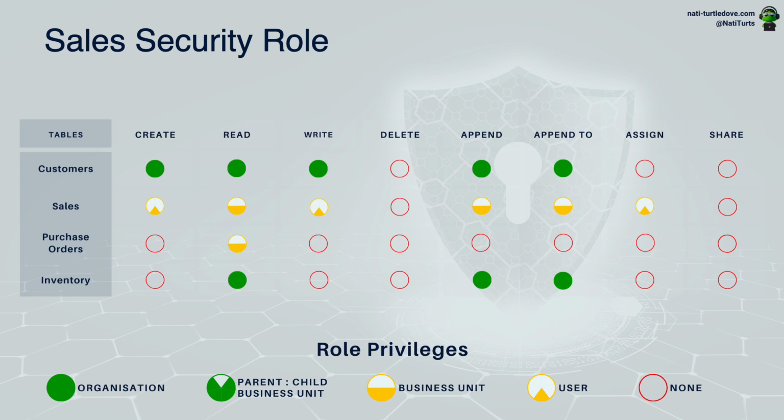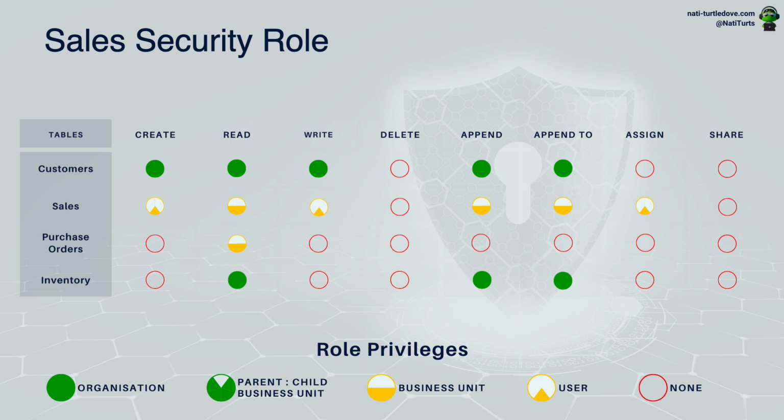Meaning that Steve still owns the record when he creates a sale, and only Steve can edit it. But people that fall within the shop A business unit can then also view that record as well. And if they wanted to create notes on that record because they've got append and append to, they could potentially do that as well.